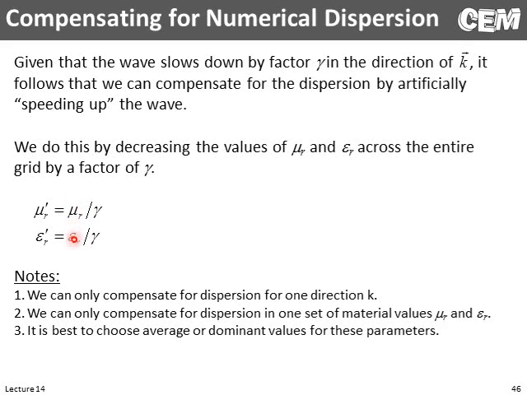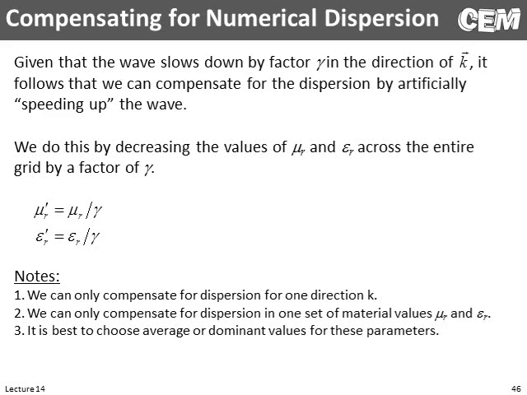They'll change throughout the grid. We'll just take those two grids and divide by this constant gamma that we just calculated. And we're going to end up with a slightly adjusted relative permeability and relative permittivity that will compensate for this numerical dispersion.